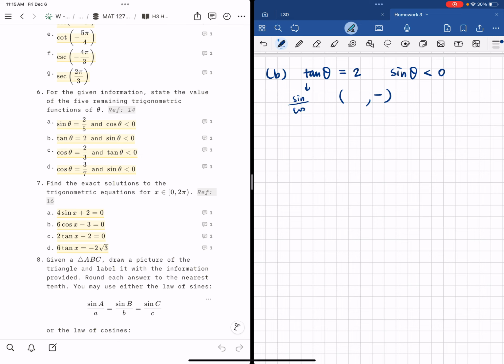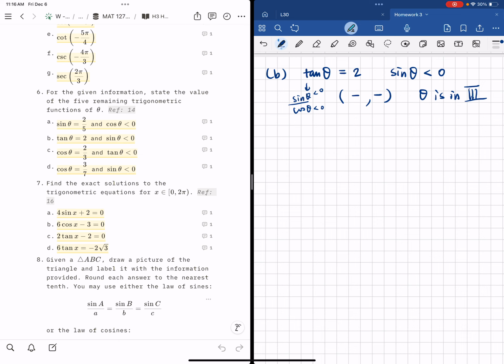Since the quotient is positive and your sine is negative, cosine has to be negative as well. It's negative, negative. That's how you get the positive. So our angle is in the third quadrant, where both the coordinates are negative.